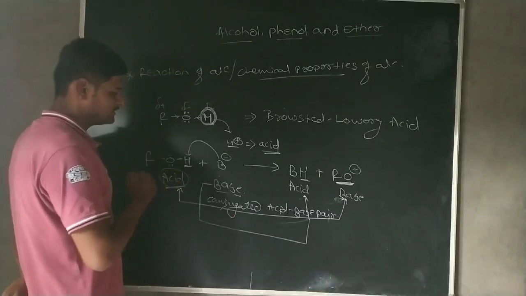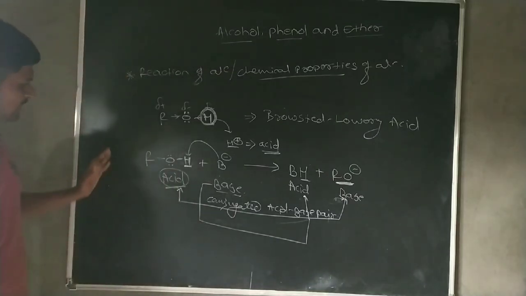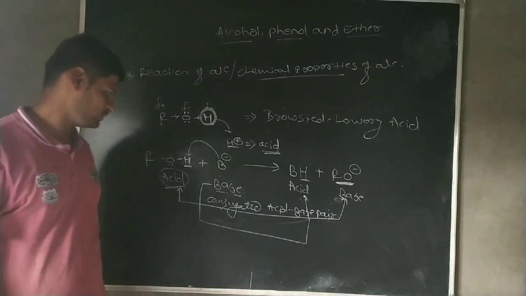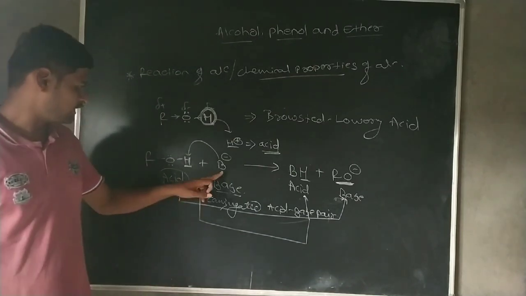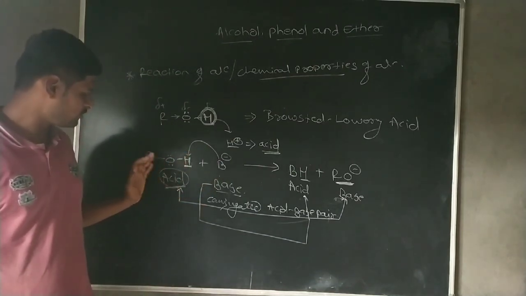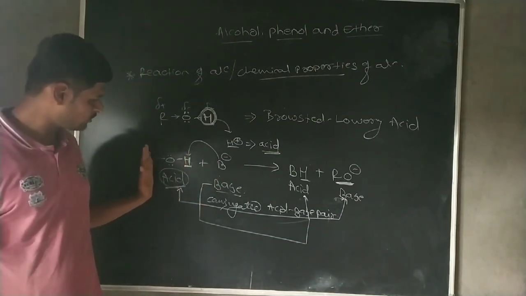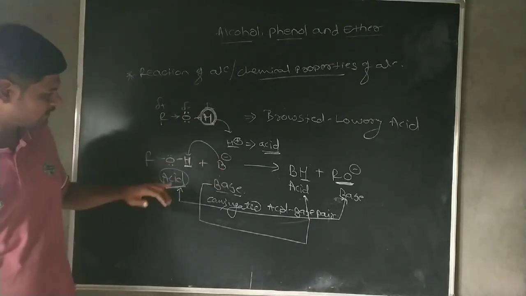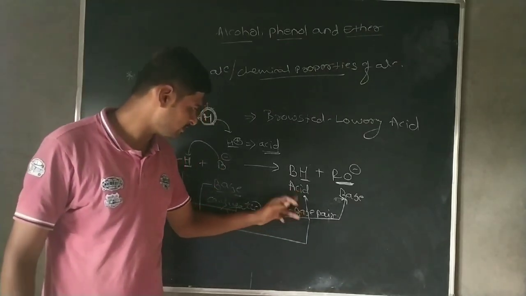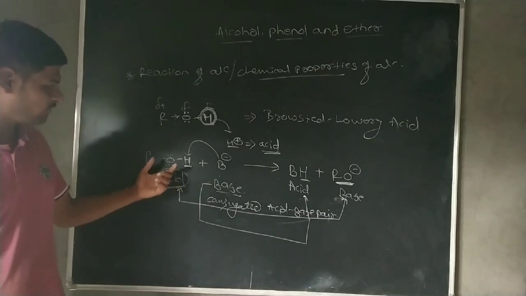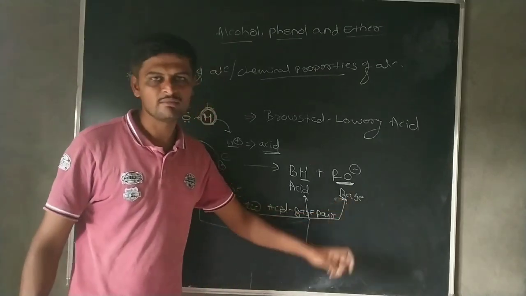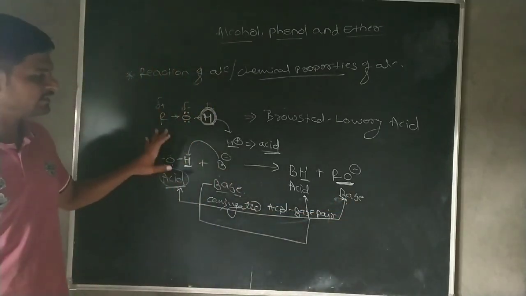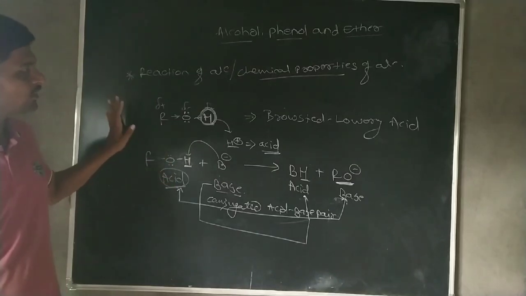This is the acidic nature of alcohol. After the base attacks the H plus ion, the alcohol donates the H plus ion to the base, and the base forms its conjugate acid while the alcohol forms its conjugate base. This is the acidic nature of alcohol.